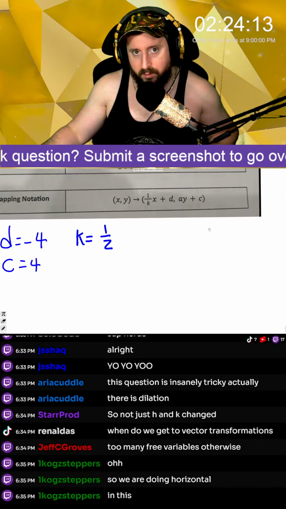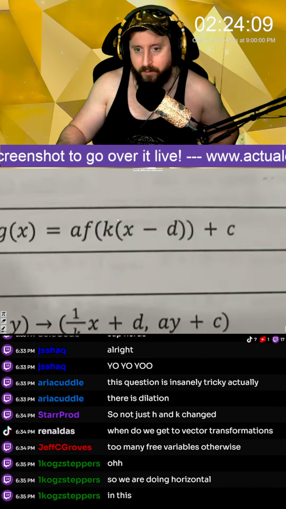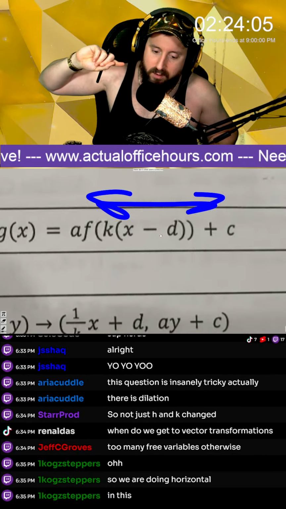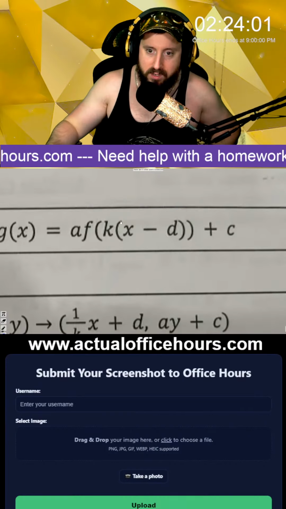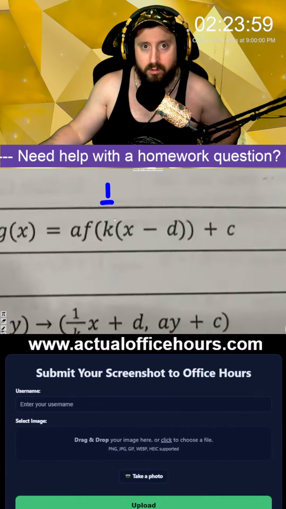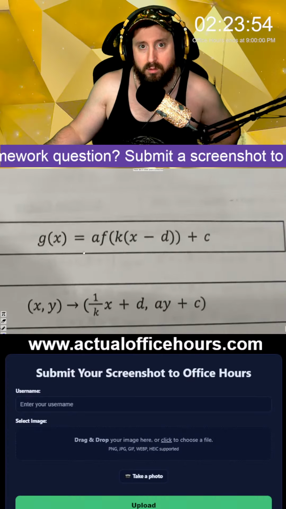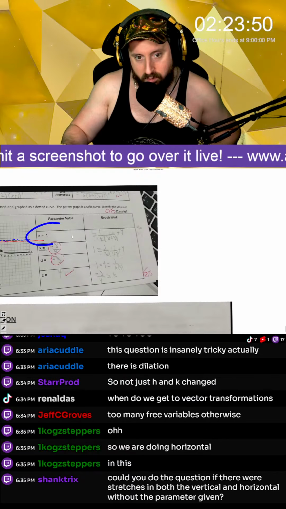Because look what happens here. In order for this thing to stretch this way, you have to multiply by a fraction, right? So if I wanted to stretch out by a factor of 2, K has to be 1/2. Yeah, you could switch this.